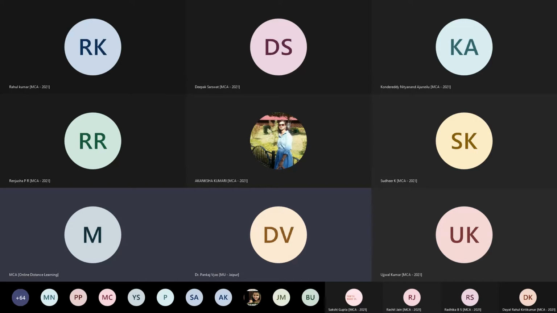Okay, suppose I ask you a simple question: explain the difference between first normal form and second normal form. Then what will you do? You will simply take an example table.